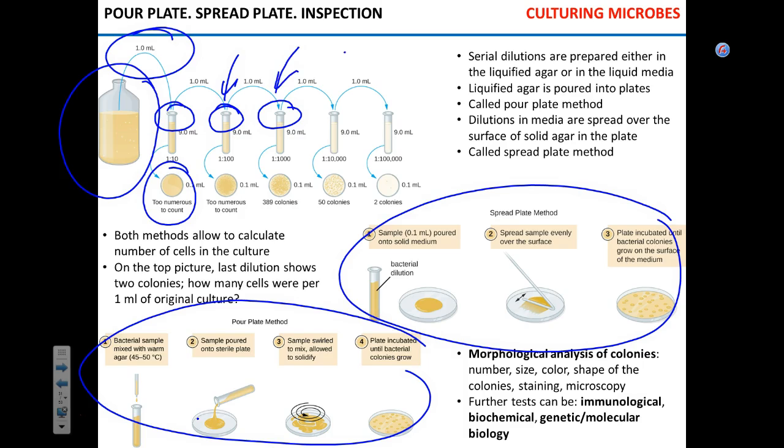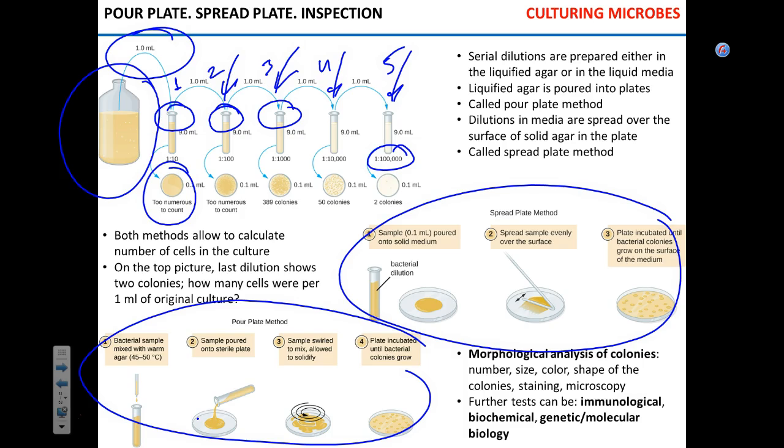So third dilution, fourth dilution, and fifth dilution. With every consecutive dilution, we dilute 10 times. So over the course of 1, 2, 3, 4, 5, we have a dilution factor of 100,000. We diluted our initial sample 100,000 times.